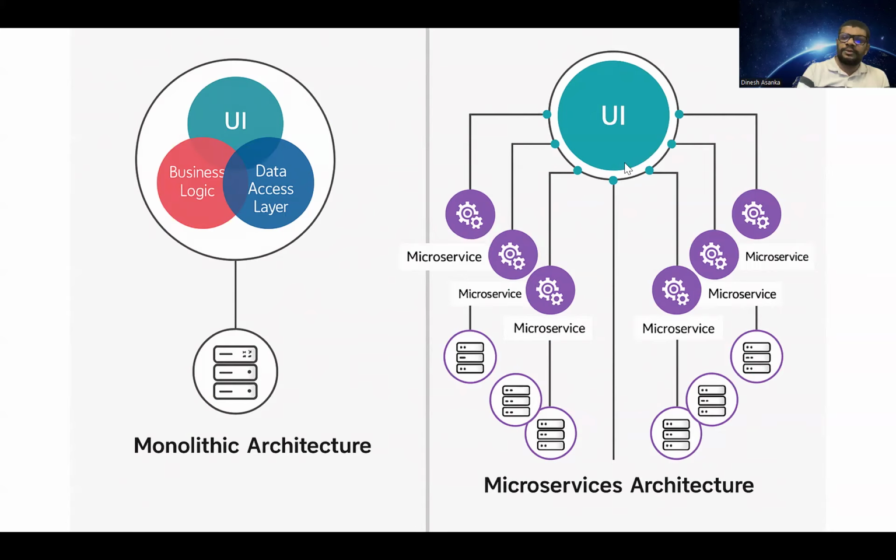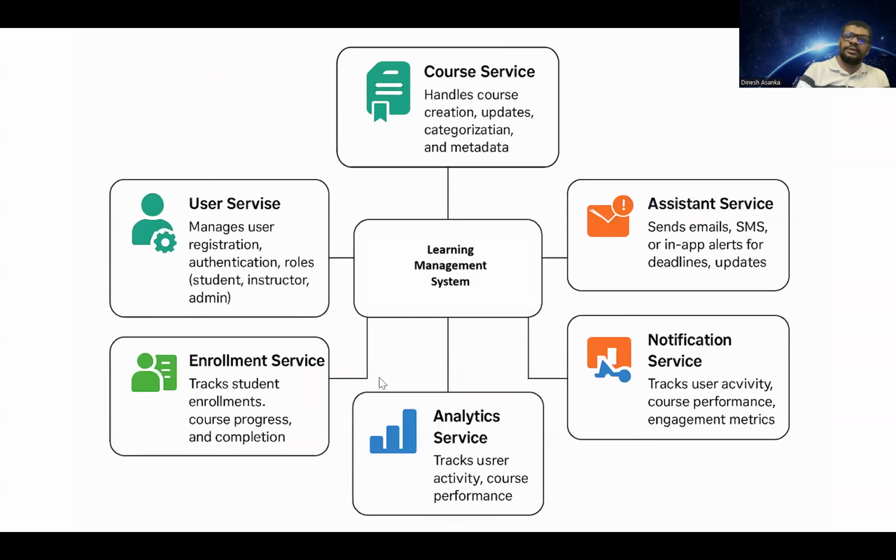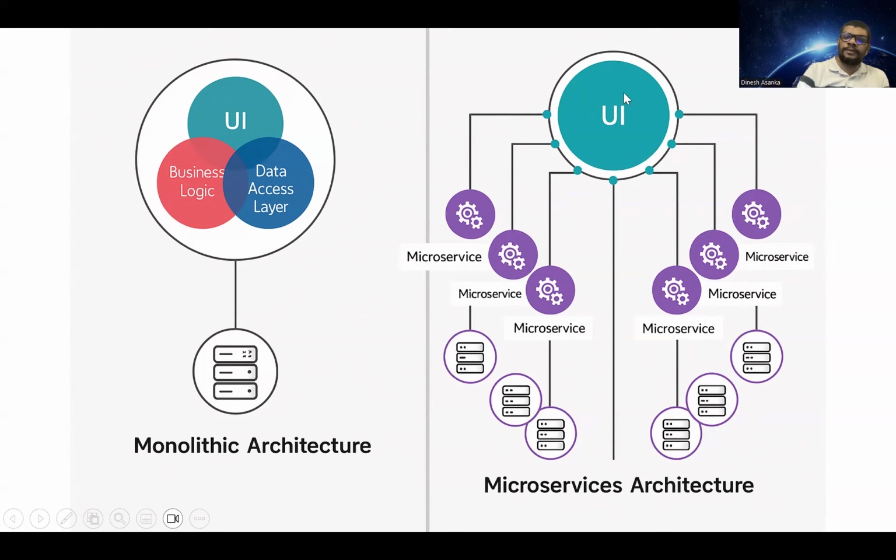When it comes to microservice architecture, the end user does not feel that they are in multiple systems. It's one UI, and from that one UI, they are connected to the microservices. Each microservice may have a separate database instance, though it might not.